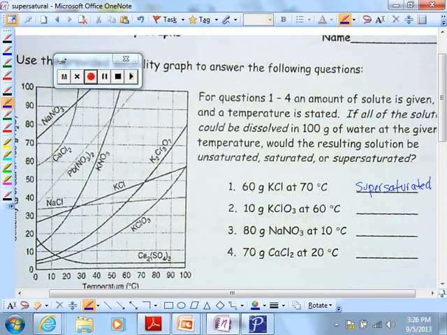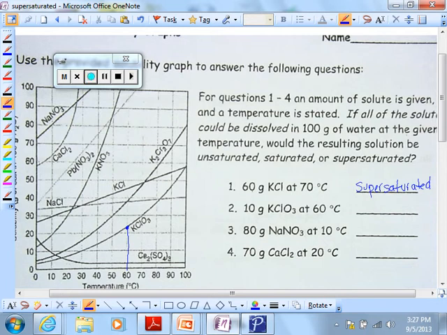All right, 10 grams of potassium chlorate, this time KClO3, at 60. So at 60, how much potassium chlorate should dissolve? At 60 degrees Celsius, about 23 grams of potassium chlorate will dissolve in water.